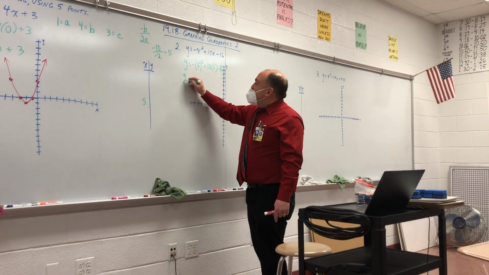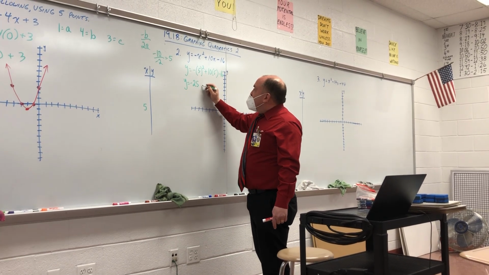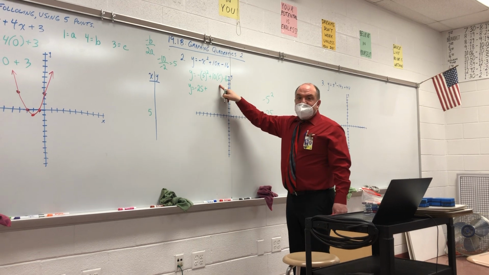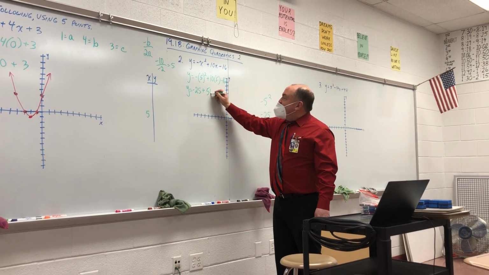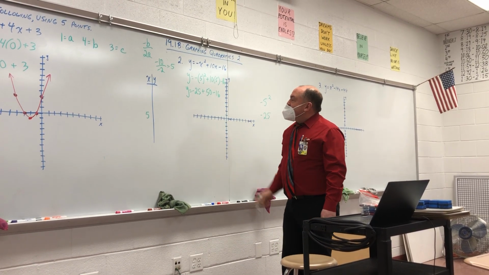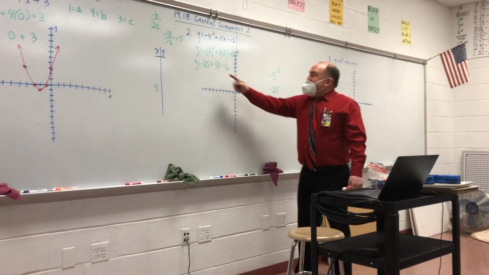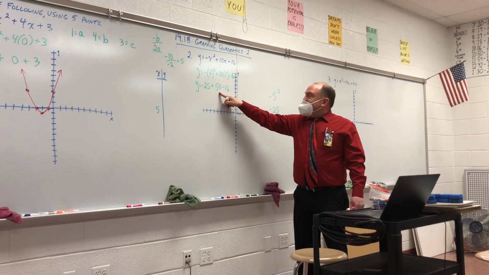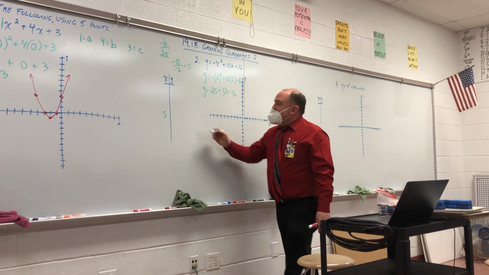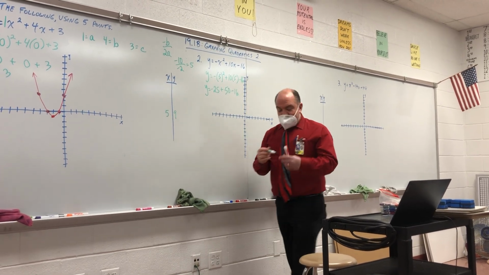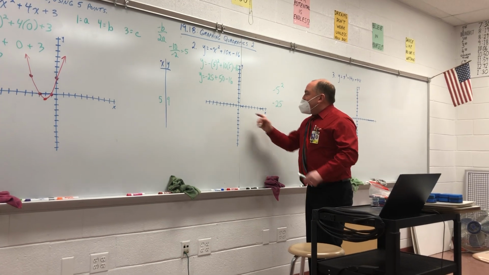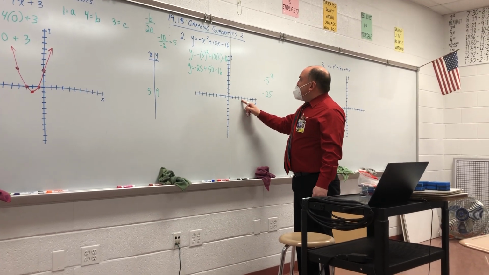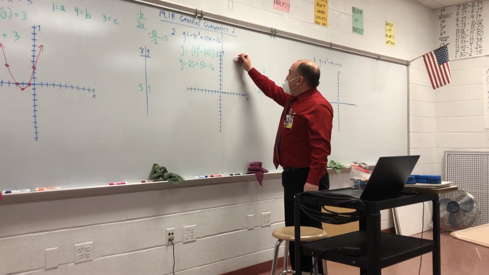So this is negative 25. Plus 10 times 5 is 50 minus 16. Negative 25 plus 50, that's positive 25. 25 minus 16 makes 9. So I'm going to plot 5, 9.